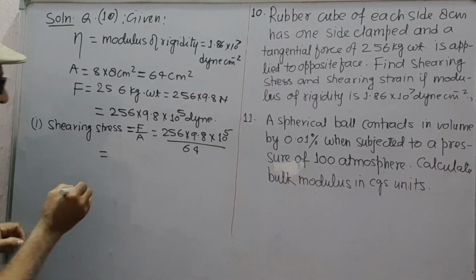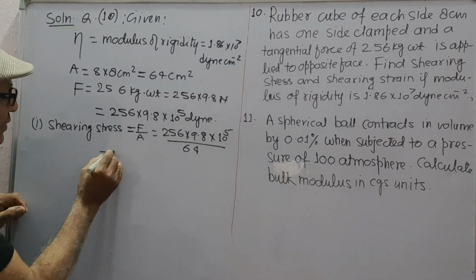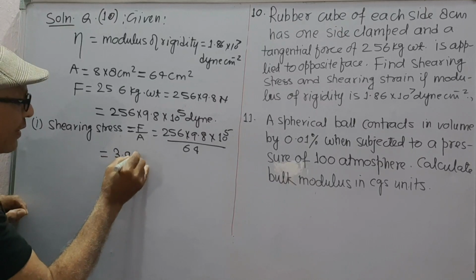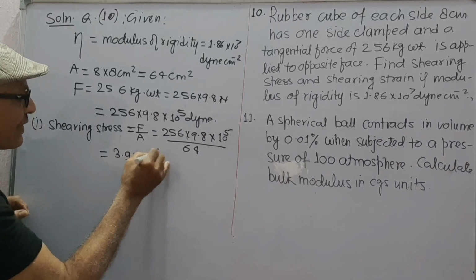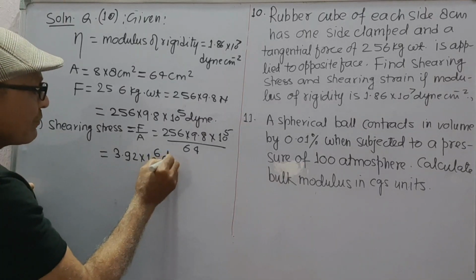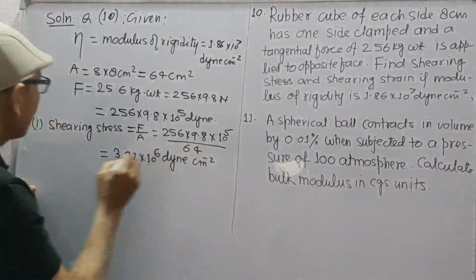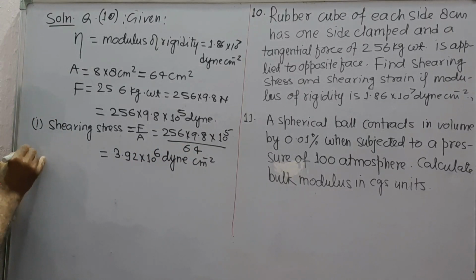So, shearing stress in CGS system is 3.92 into 10 to power 6 dyne per cm square. First part.